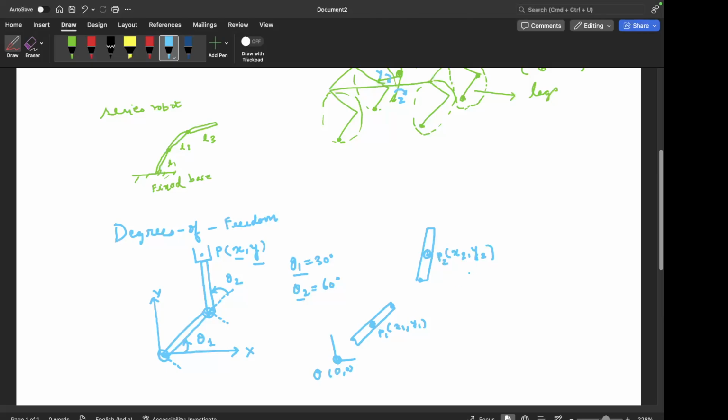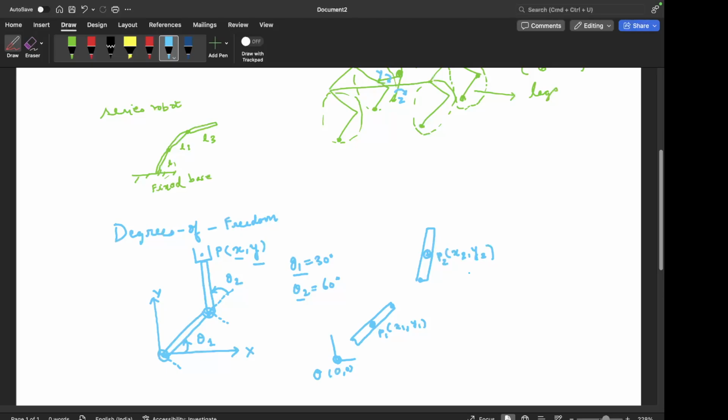Now the way you thought was in these terms that okay, two links and both can have xy coordinates, so add both of them, so 2 plus 2, 4 degrees of freedom. But what is not considered in this kind of thought process is that the links are connected. They are not independent to move, right?